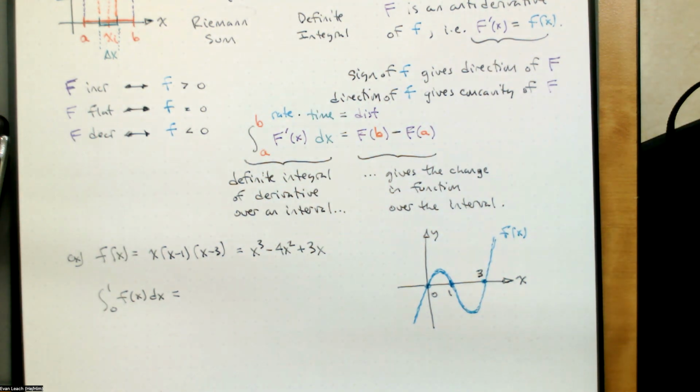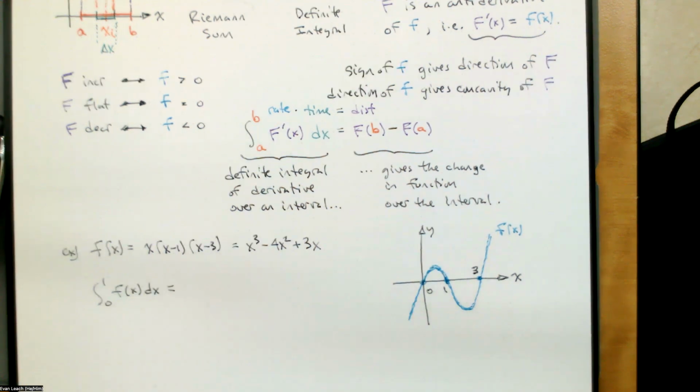I also asked you to use the fundamental theorem of calculus. So you need to find an antiderivative of the function. That's why I gave you both forms, because we can find the antiderivative of this multiplied out form, the standard form. We don't know how to find the antiderivative of a product. All we know right now is we have to multiply that stuff out and then do a term at a time.